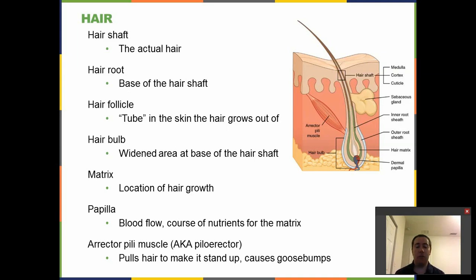And this is actually what gives you the goosebumps. And so when the hair stands up, that is actually this erector pili muscle that pulls on that hair follicle, makes it straighten up, causes the hair to stand up, and causes the little bumps in your skin.